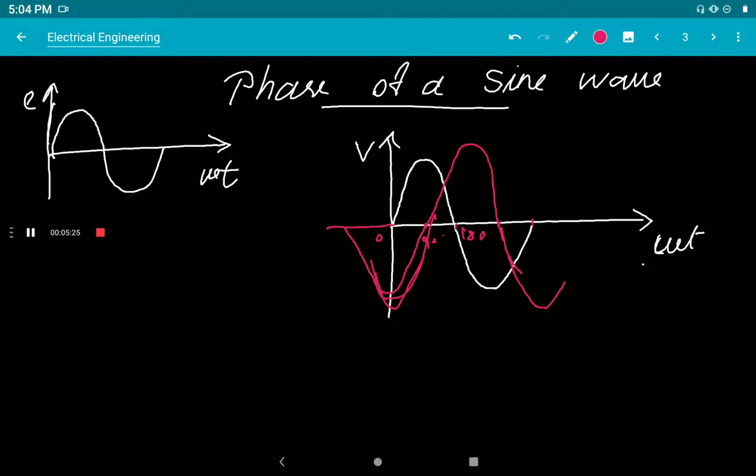So this wave goes through 90 degree. Just mark it as B, and this one is A. A is the reference wave. So we can say that wave B is lagging behind A by 90 degree.